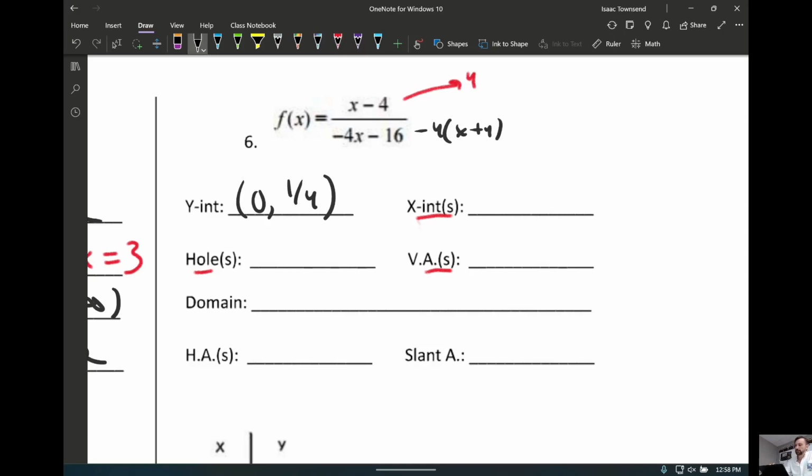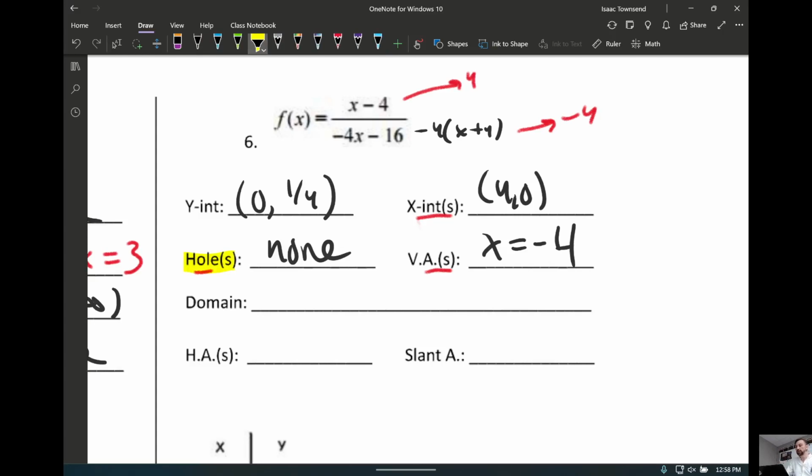You might want to factor the denominator to be a little careful there. There's no number that makes the numerator and denominator 0, which is how you get a hole. There's one number that makes just the numerator 0, which is how you get an x-intercept. And one number that makes just the denominator 0, which is how you get a vertical asymptote.